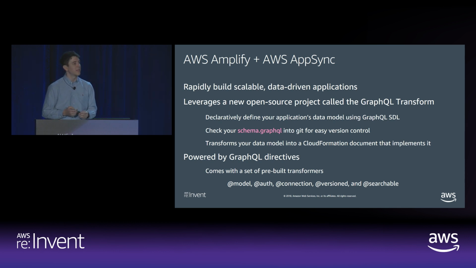The cool part about this is that you guys can actually write your own. So it comes with a number of them. We have model, auth, connection, versioned, and searchable. But we've had customers that have built their own to do specific Lambda use cases, people that have written their own resolvers to call out to specific internal REST APIs. And then from your input, you just have a really easy to use interface.